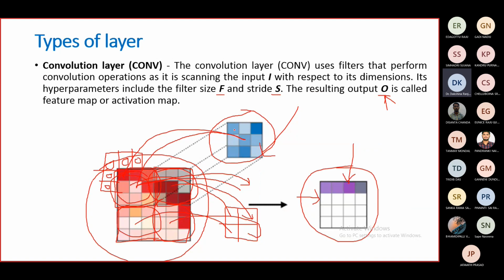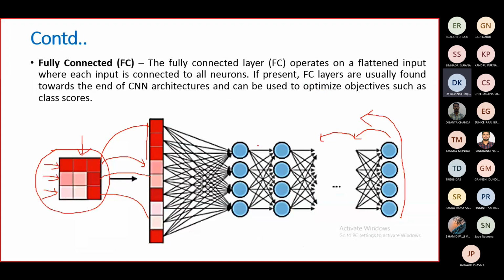So initially we can assign random values to the weights of the filters, as well as randomly assign the weights to each link in the fully connected layer.